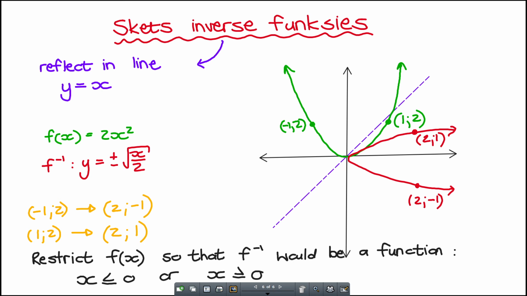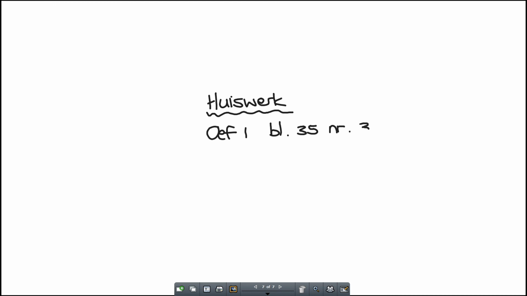So nou gaan ek gou vir julle huiswerk gee. Okay, so we're going to start with exercise 1, oefening 1. Dit is op bladsy 35. Nommer 3 en 5.